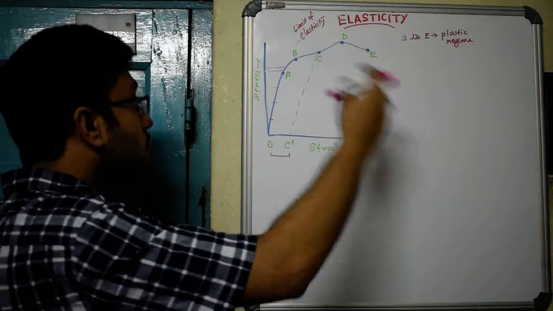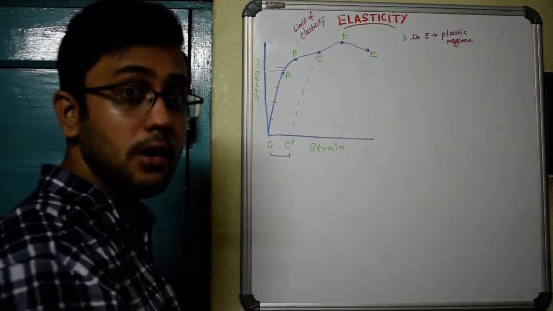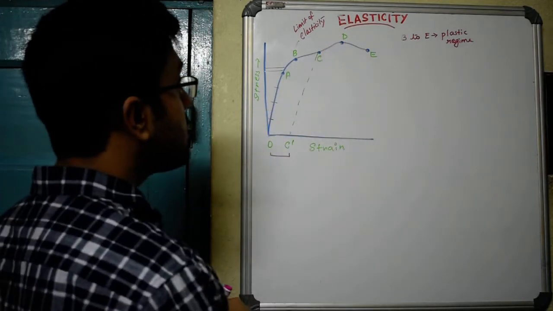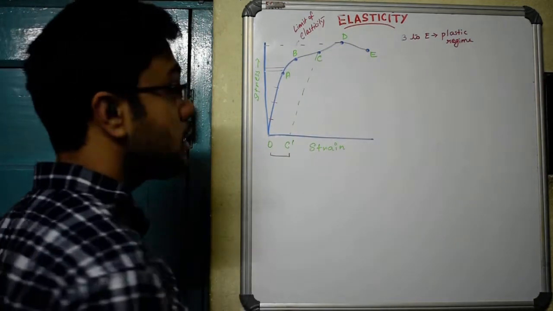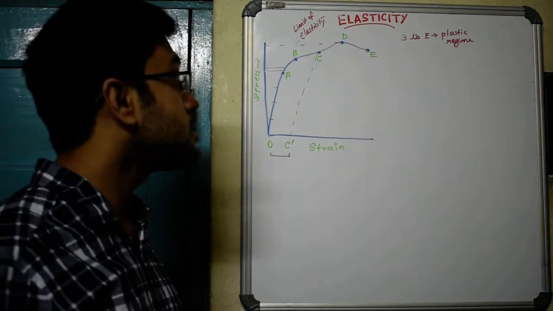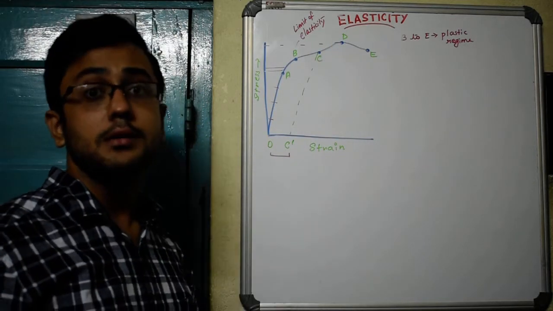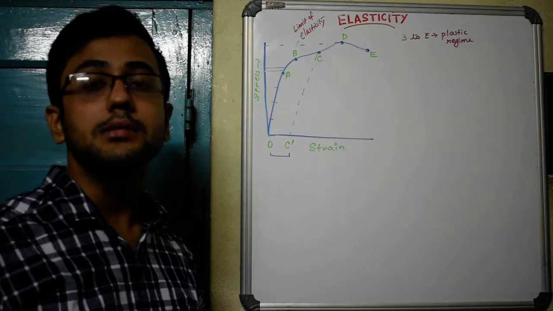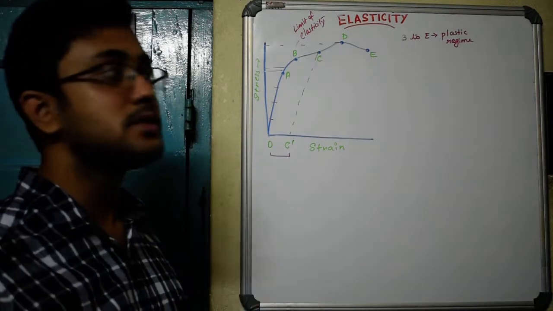If we keep on further increasing the stress, say it moves from the point C to point D now. Here the point D, as you can see, is the highest point of the curve. This is the point corresponding to the maximum stress. When this is the amount of stress which we apply to a wire, the wire no longer remains a solid anymore, rather it behaves like a fluid, it flows like a viscous fluid.